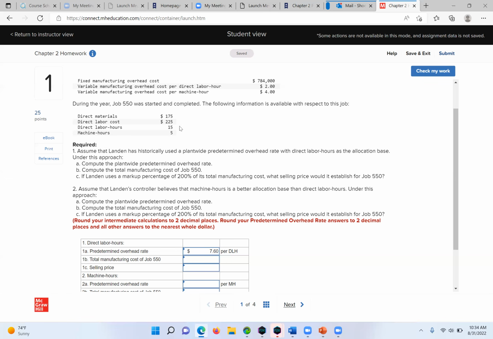So our 15 times 760, you add those two together, the 175, the 225, and the 760 times 15 actual direct labor hours of 114. We would know then our total manufacturing cost here is going to be 514 for this job.